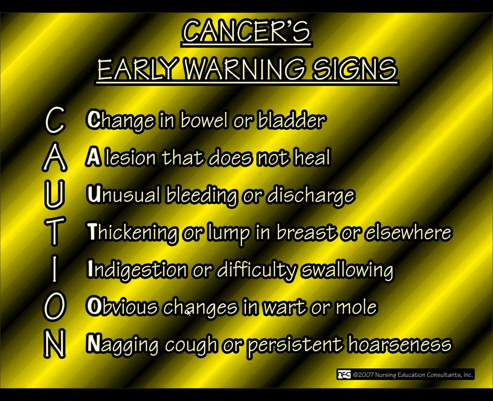So what you need to know is that A stands for a sore throat that does not heal. U is going to be for unusual bleeding or discharge. T is thickening or lump in breast or elsewhere. I is indigestion or difficulty swallowing. O is obvious changes in a wart or mole. N is nagging cough or persistent hoarseness.